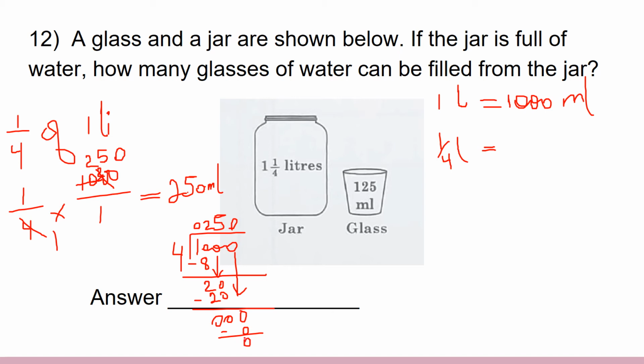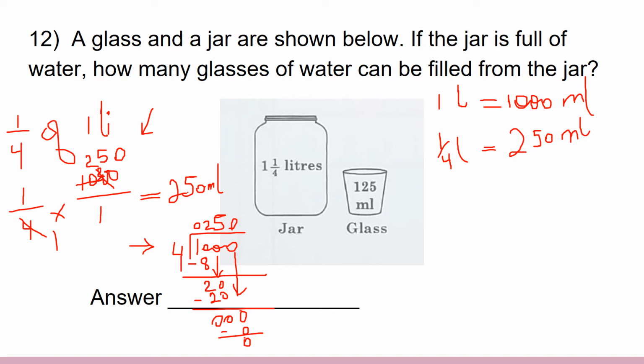So whether you worked it out short like this or long like this, notice we are still getting the same answer. So 1/4 of 1 liter is 250 milliliters.